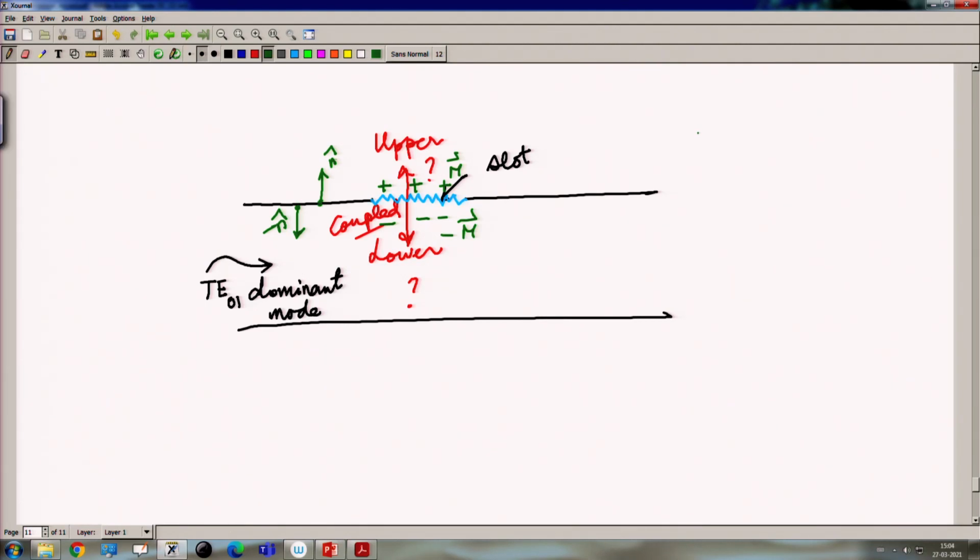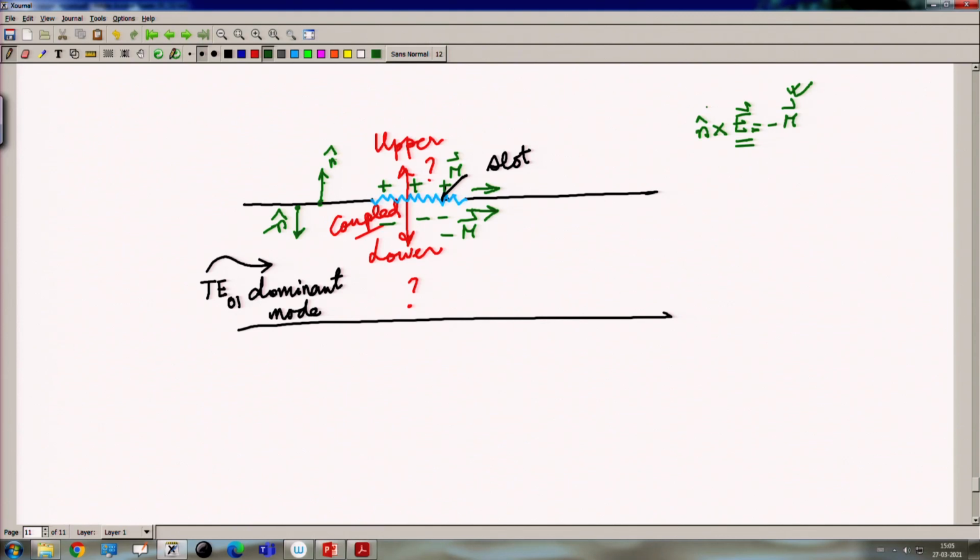Again, because n cross E equals minus M, and because the unit normal on the upper surface is directed upwards and the unit normal on the lower surface is directed downwards, the electric field on the upper surface over the slot and the electric field on the lower surface of the slot are matched, because the magnetic currents are equal and of opposite signs on the upper surface and the lower surface.